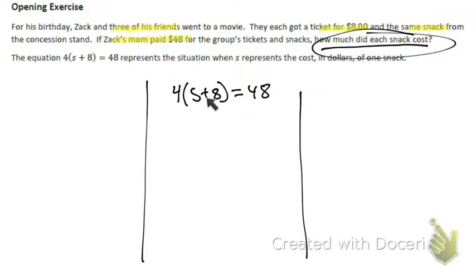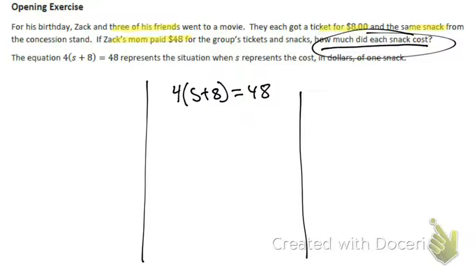The snack plus the $8 ticket, that's what each person got. But since 4 people got it, that's why you have the 4 in front of the parentheses. So that's showing that there's a snack plus the $8 movie ticket 4 times. Together that equals 48.